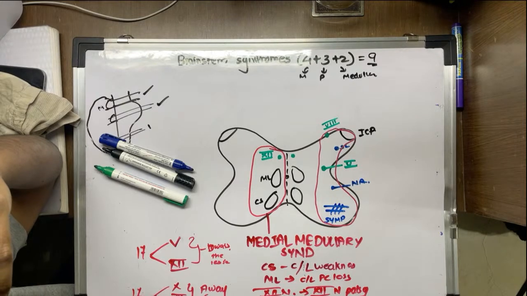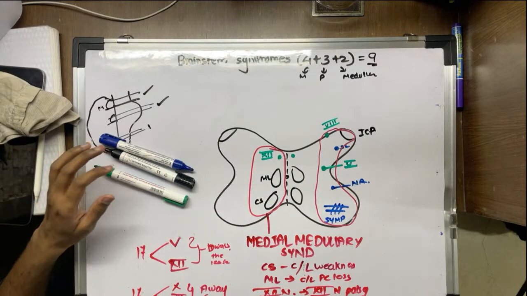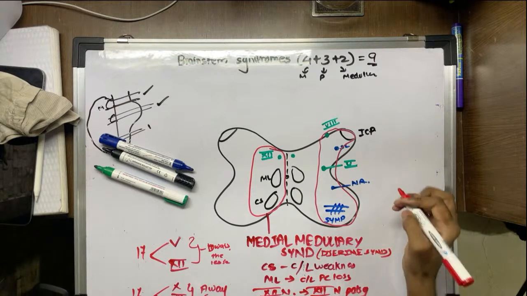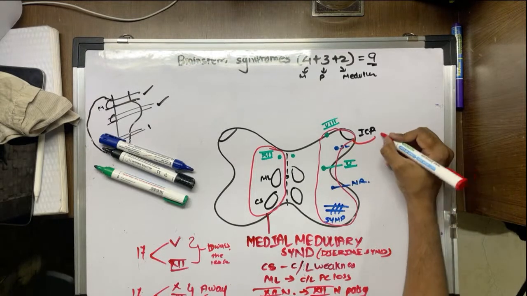It's called the rule of 17. So that's one trick to remember. So deviation towards the lesion, this is medial medullary syndrome. Its second name is important. There are two syndromes. One is Dejerine-Roussy and this is Dejerine syndrome.